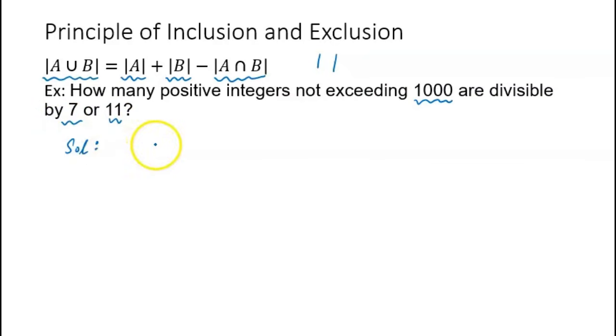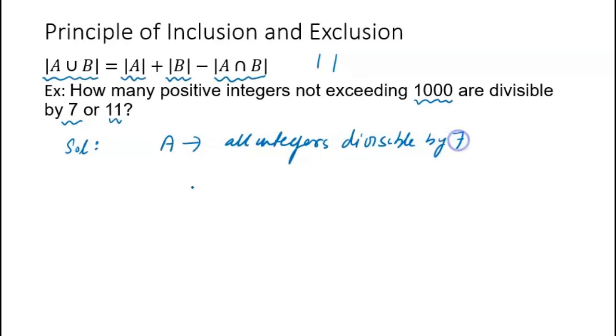So first of all, suppose A is the set which contains all integers divisible by 7, and B is the set which contains all integers divisible by 11. Now how many elements are there which are divisible by 7? So up to 1000, the total number of integers which are divisible by 7.